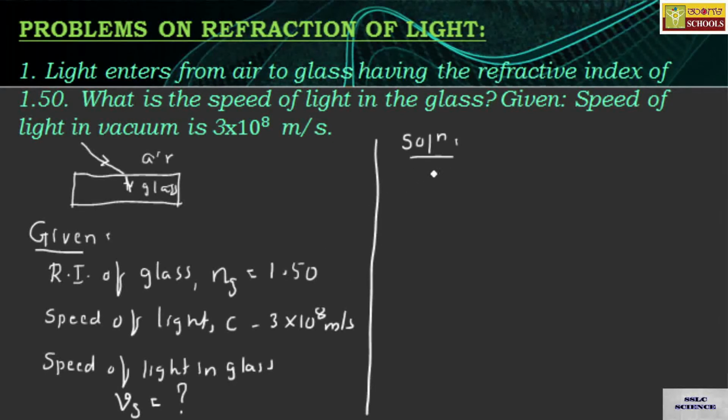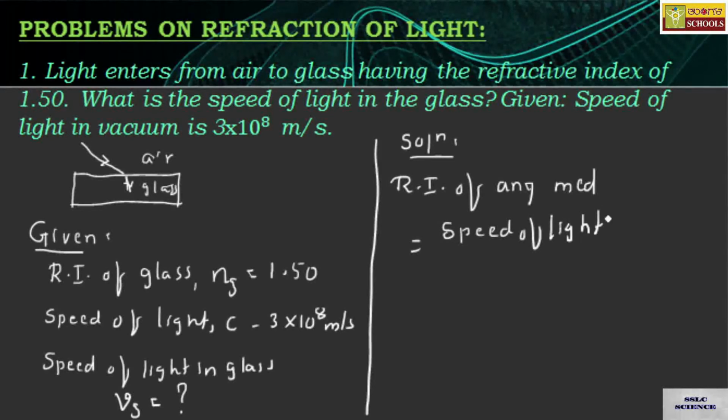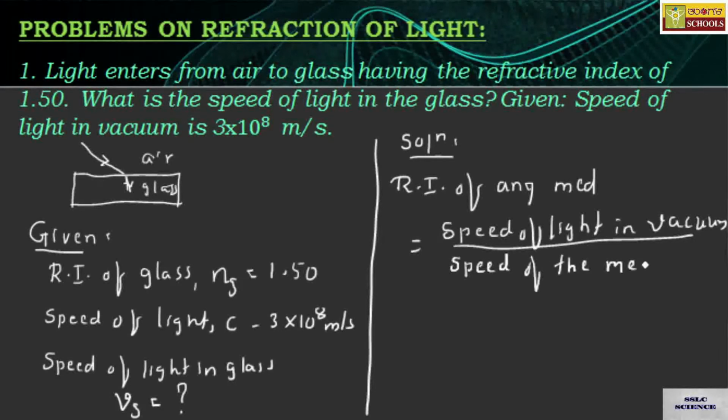So the solution: the refractive index of any medium is given by the speed of light in vacuum divided by the speed of light in the medium where it is traveling.